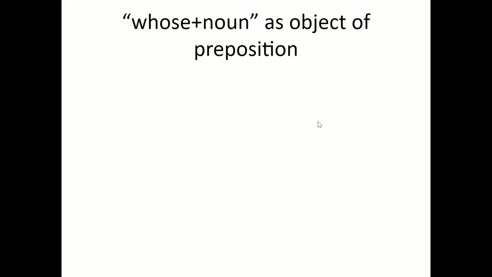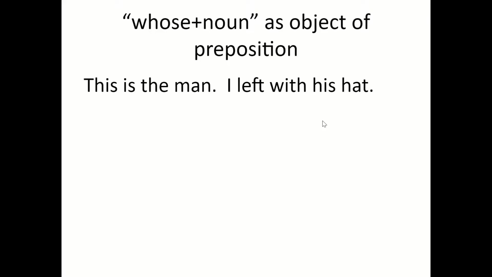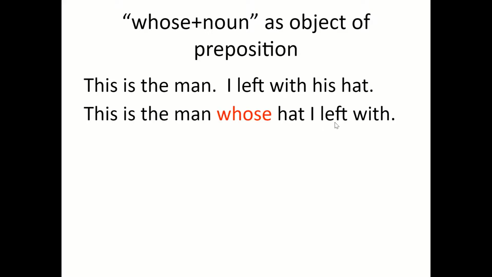Now, if it's the object of the preposition, this is the man I left with his hat. Once again, we move both whose and hat up to the front. So whose moves to the front of the clause, just like the relative pronoun is always in the front of the clause, but it takes the noun with it.